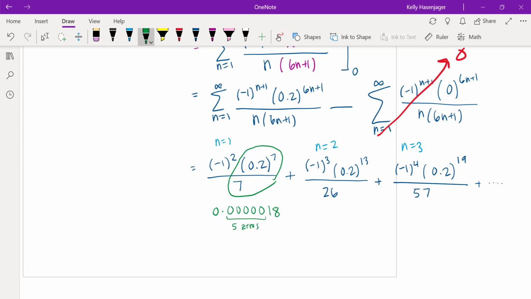Our problem said it wants this correct to 6 decimal places. So we want zeros for more than 6 decimal places. So we're not quite there yet.